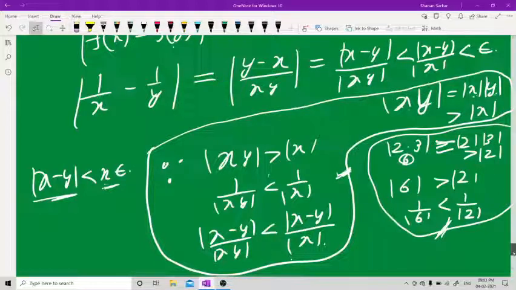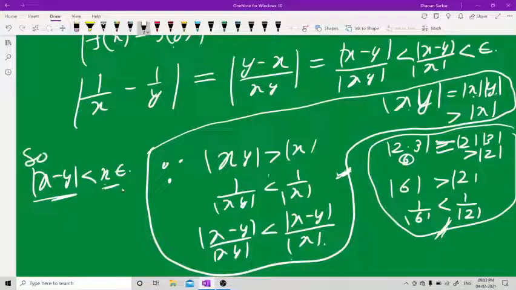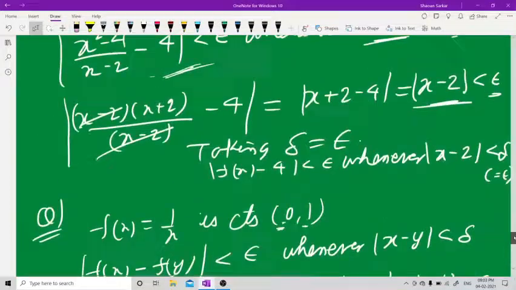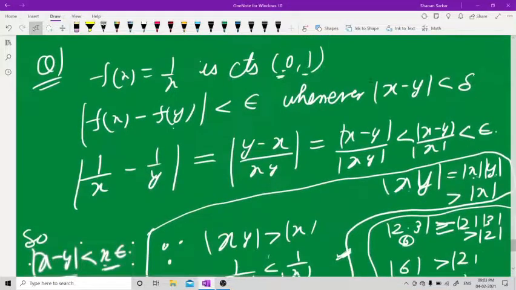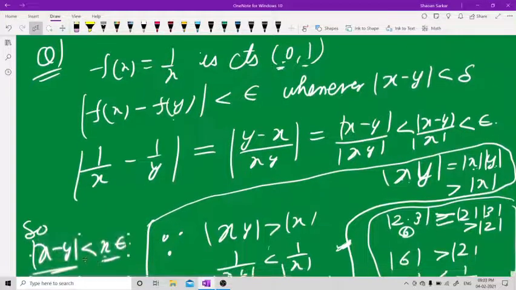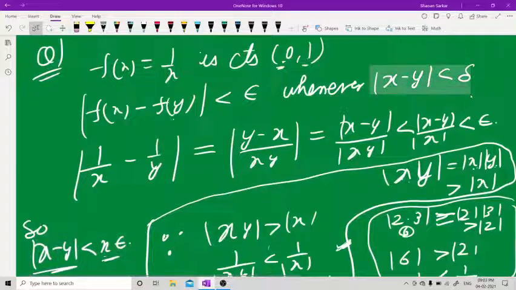So come here to this point. So what did I get? Mod f(x) minus f(y) is less than this. I got this, so let me write here. So this is less. Therefore compare this one with this one. Compare this one with this one, so what is delta coming out to be? x epsilon is coming.